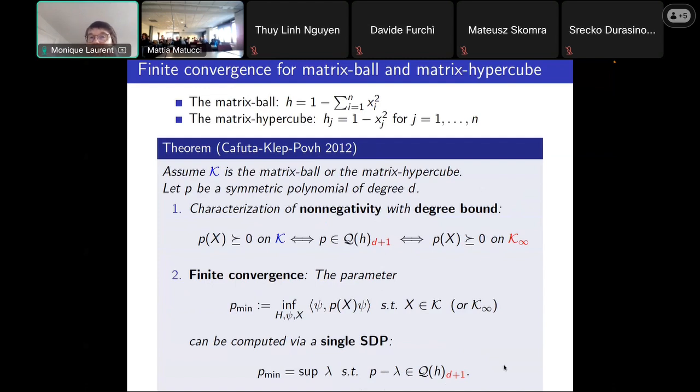It's a bit mind-blowing, at least when I first saw it, that suddenly for the matrix ball and the matrix hypercube or the unconstrained case, you have this equivalence of positivity with membership in the quadratic module, and on top of that, with an explicit degree bound, which is in general not true in the commutative case.